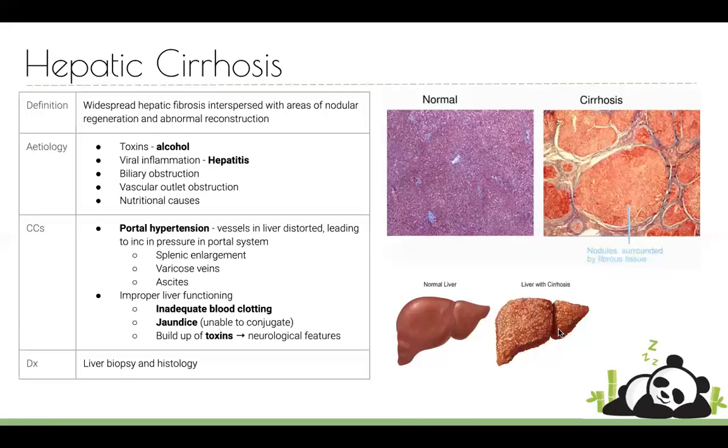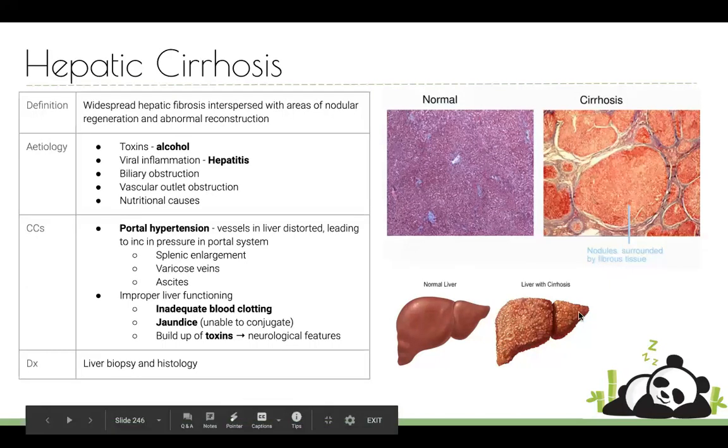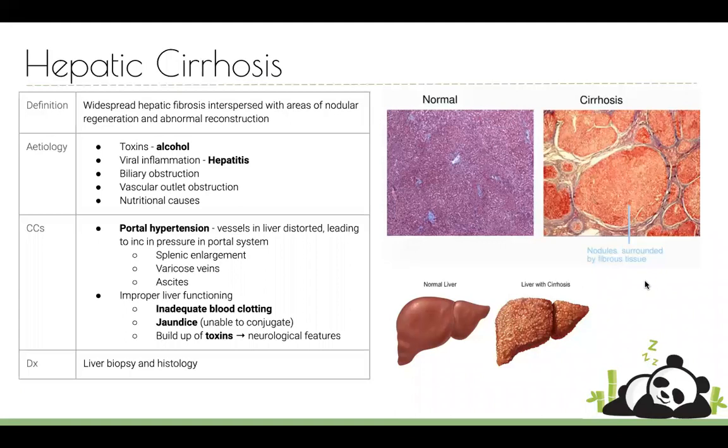So you don't get good blood clotting because the liver makes all of your clotting factors apart from factors 3 and 8. And you get jaundice and you might get a buildup of toxins, which can then cause encephalopathy, which is your neurological features. The way you diagnose it is you take a biopsy, send it to path lab, and they'll show this kind of thing.